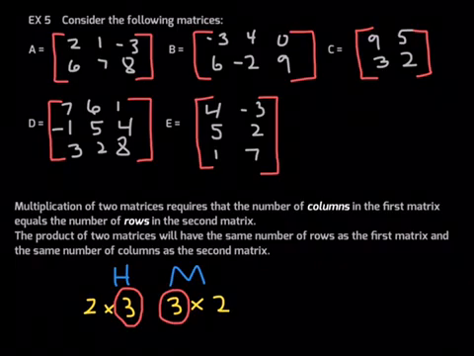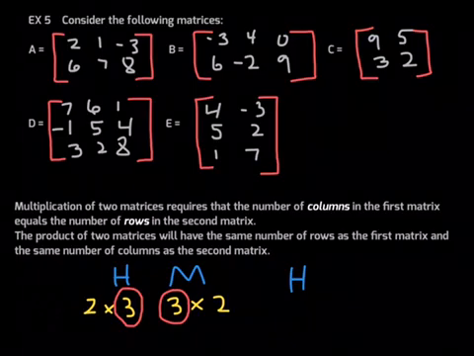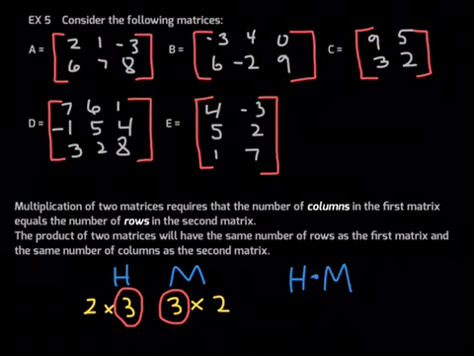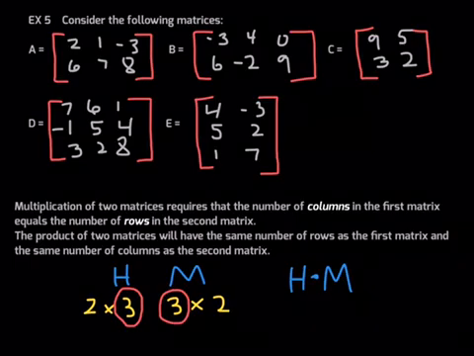Now, the second thing is the product of the two matrices will have the same number of rows as the first matrix and the same number of columns as the second matrix. In other words, when I multiply H and M together, matrix H times M, like that. What will be the order of matrix H times M?